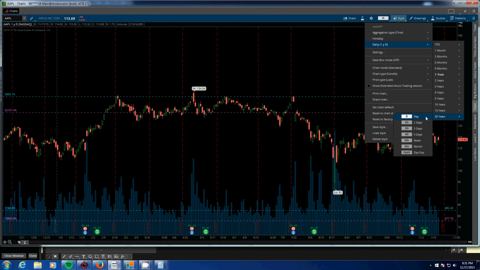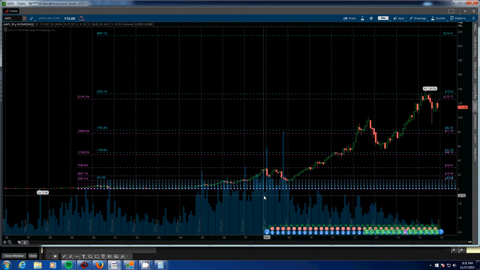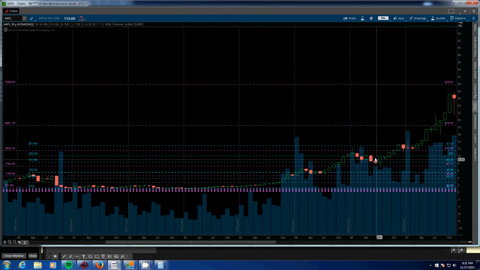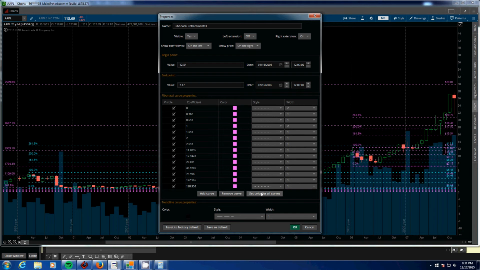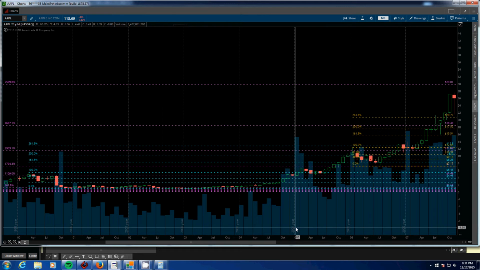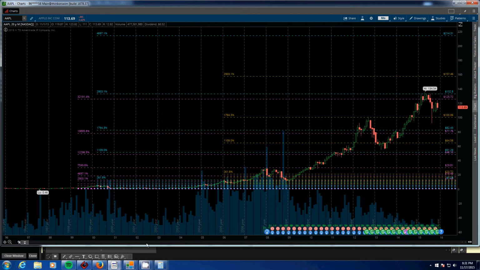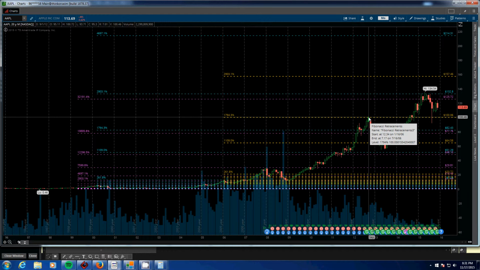Let's do one more just to have some fun. This looks like a pretty good measurable pullback. So let's edit that to say yellow, and we'll back up. There you go. There's another Fibonacci level that hits and holds us back here in 2012.